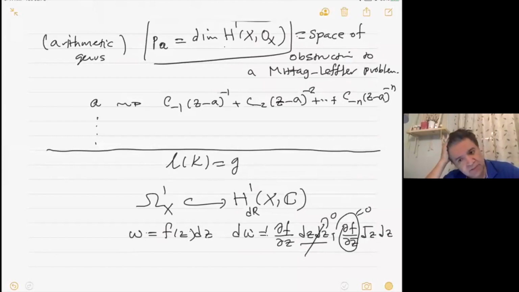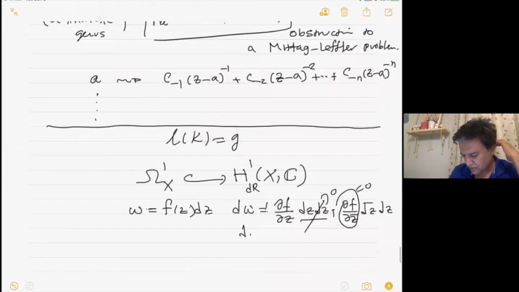And df/dz-bar equals 0 is the compact way of writing the Cauchy-Riemann equations that you all learned from your elementary course in complex function theory. So this implies that d of omega is 0. So any holomorphic one form gives you a cohomology class, the first cohomology class.